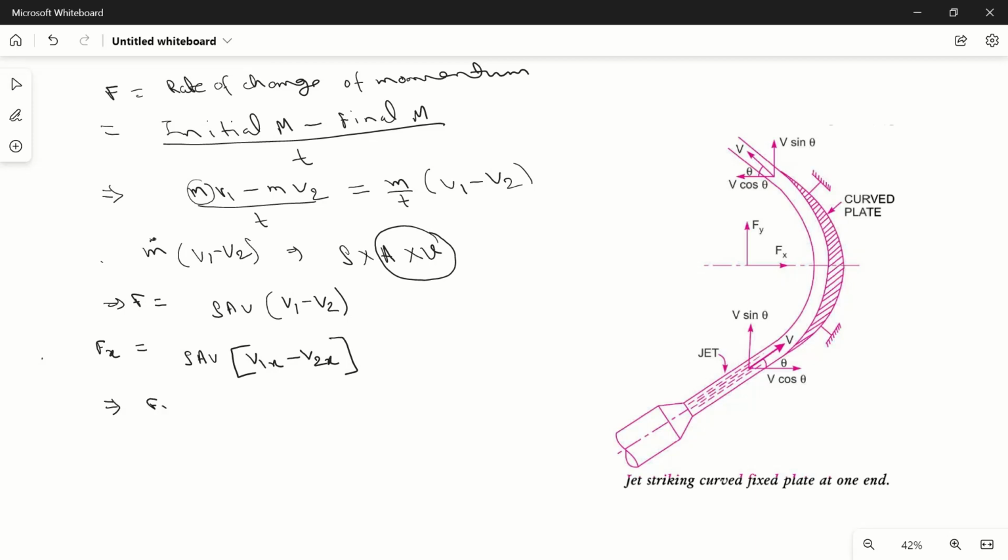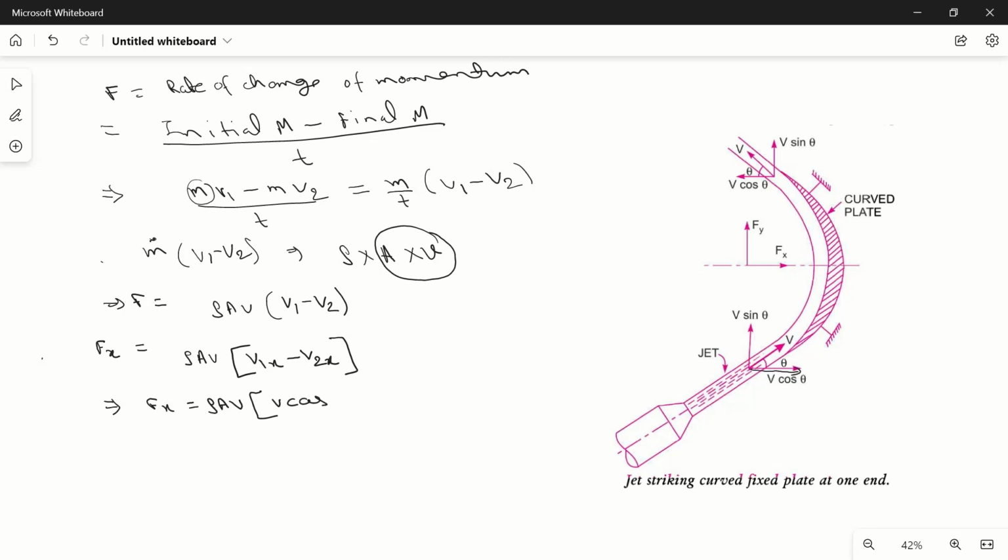What is V1x? Velocity in the x direction at inlet. Say this is the inlet velocity v, making an angle theta from the horizontal. So the velocity at inlet in the x direction will be v cos theta.